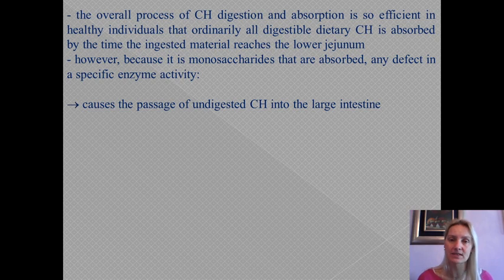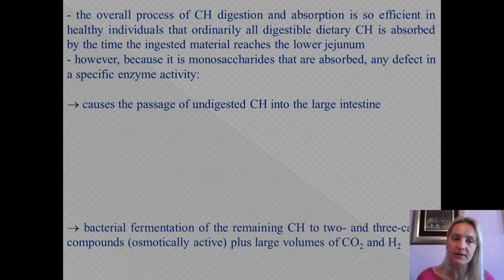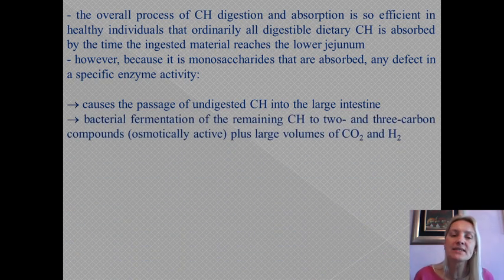What happens next? What do we have in the large intestine? We have bacteria. So bacterial fermentation of the remaining carbs occurs, and those remaining sugars are degraded to 2 or 3 carbon compounds. But the thing about this is that those products of bacterial metabolism are osmotically active compounds.